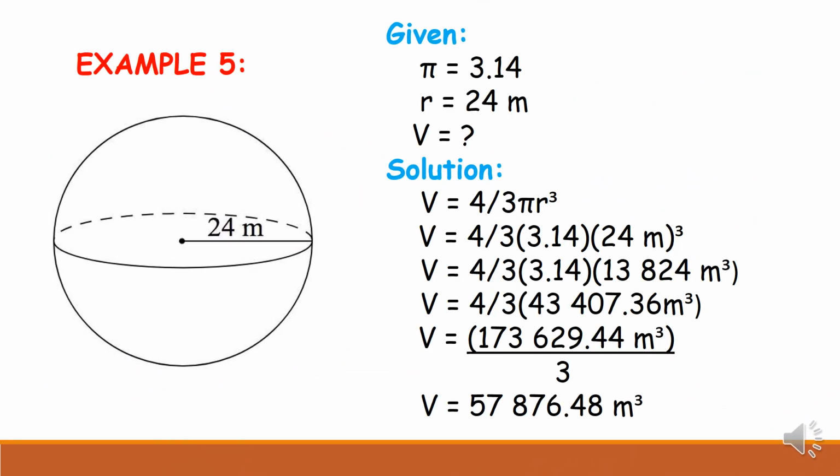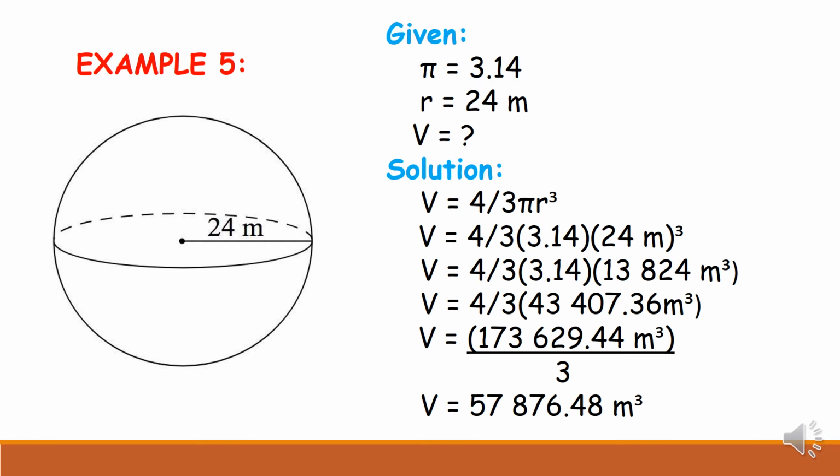Example number 5. We have a given sphere. The radius is equal to 24 meters. Pi is equal to 3.1400. Volume is unknown. So we have here our solution. The volume of a sphere is equal to 4/3 times pi times r cubed.